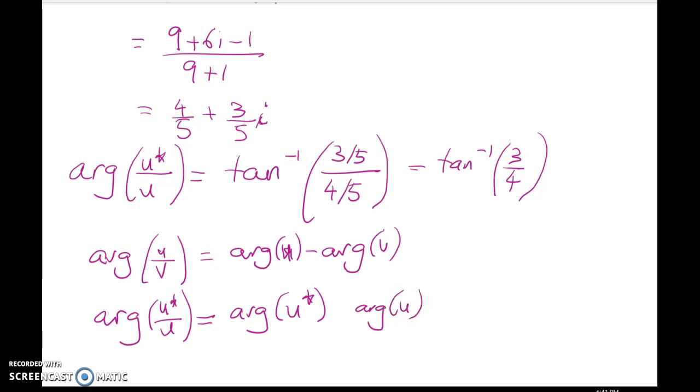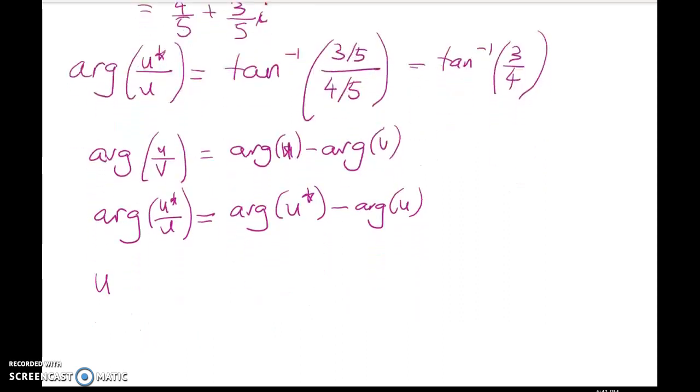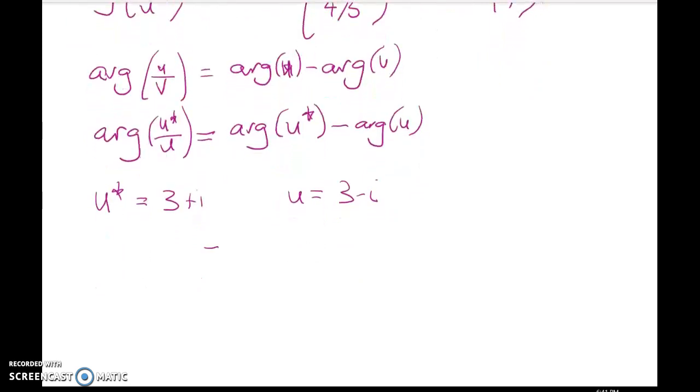Oops, that should be a minus sign. Right, now u star was equal to 3 plus i, and u is equal to 3 minus i. So that equals tan inverse of 1/3 minus tan inverse of negative 1/3.